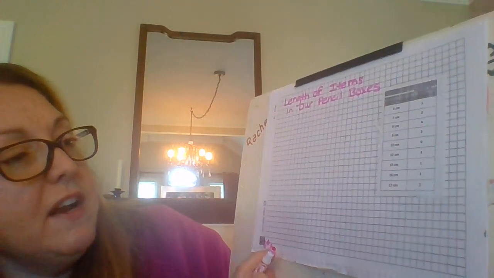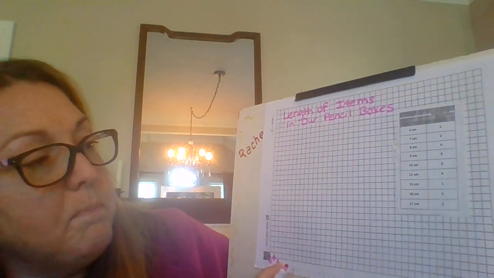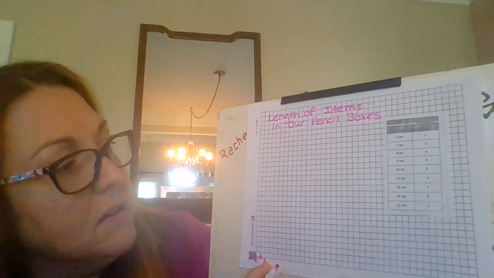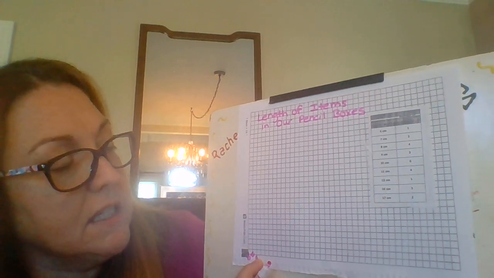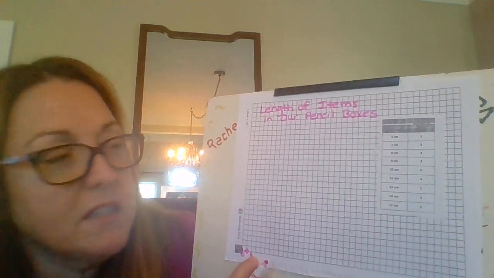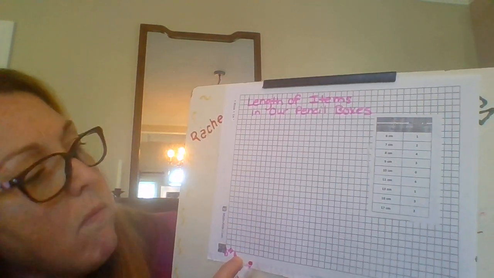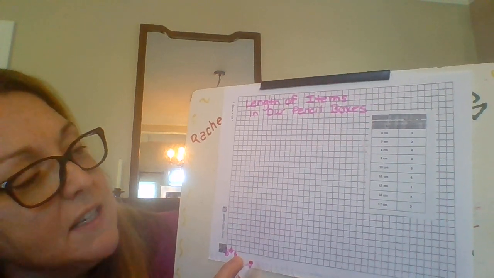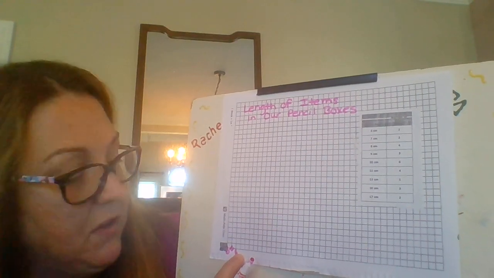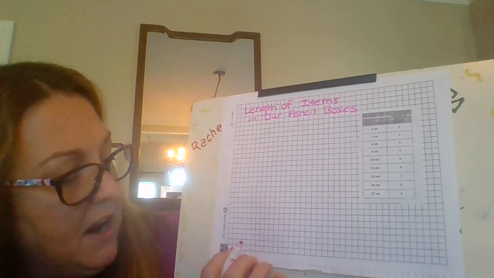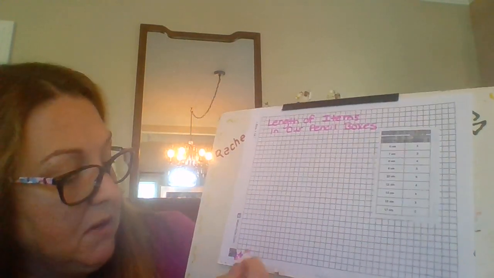Then it goes 7, 8, 9, 10, 11, but then 12's not there. 13, oh, skip 14, 15, 16, 17. I wonder why they skipped some numbers. I will bet it's because there was no data. There were no pencils of that length. But just to keep our graph drawn to scale, we're not going to skip any numbers.